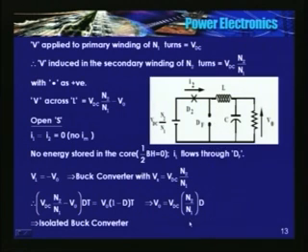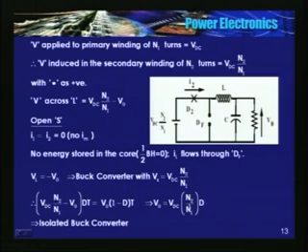So the transfer function is V0 is equal to VDC into N2 divided by N1 into D. When the switch is opened, voltage across the inductor is V0 for the duration 1 minus D into T. So this is nothing but an isolated buck converter, isolation because there is a turns ratio.